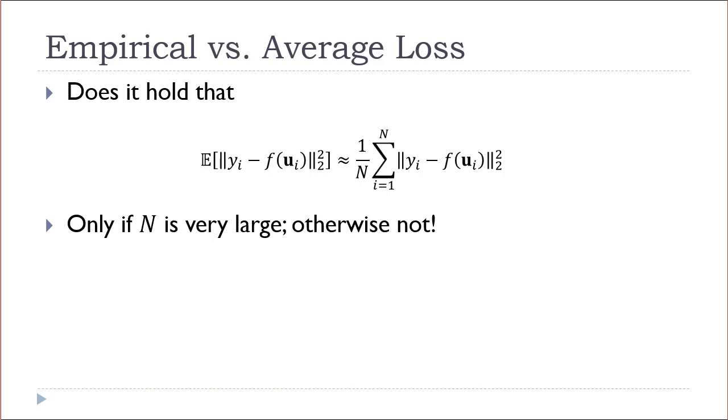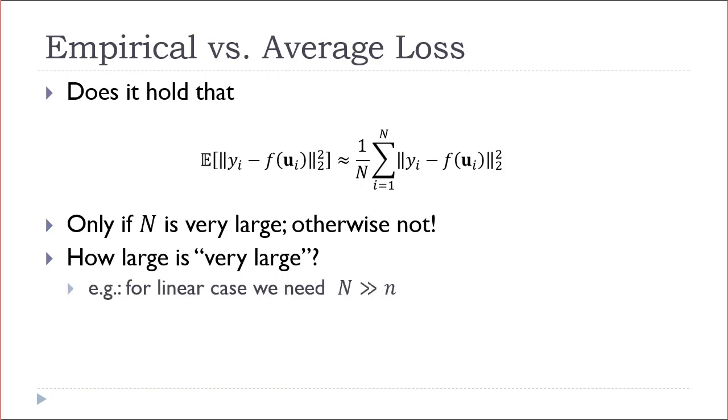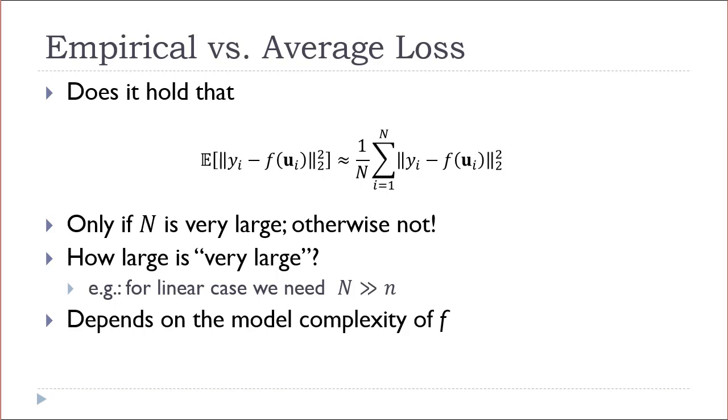Further, how large n should be so that the law of large numbers kicks in is also problem dependent and is not universal. For instance, in the case of linear regression or least squares, we know that we require capital N to be large relative to small n, which is the number of parameters. In general, n should be large relative to the model complexity of the function f, which may or may not correspond to the number of parameters we have in the optimization problem.